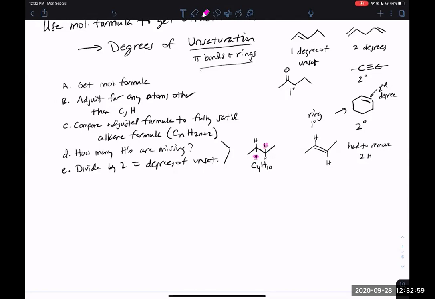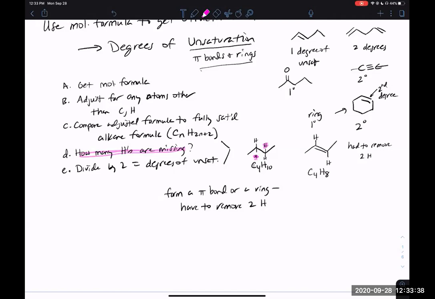They are not part of my formula anymore. And so this is C4H8 when I count it up. So if you form a pi bond or a ring, you have to remove hydrogens to do that, right? And for each one of those, you have to remove 2 hydrogens. So that's why I'm figuring out how many hydrogens are missing.